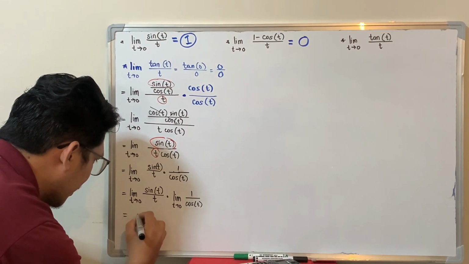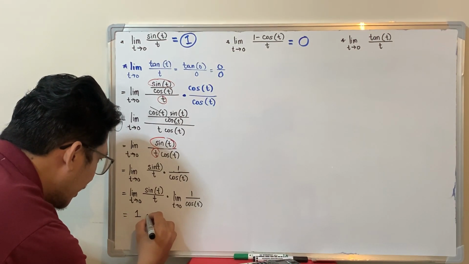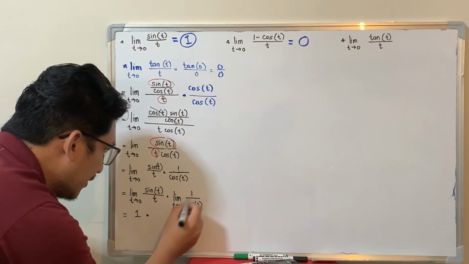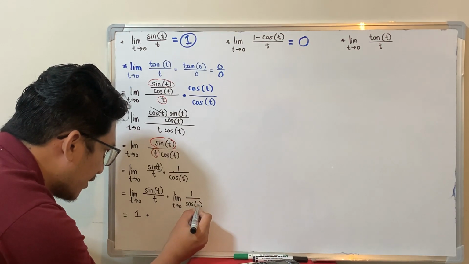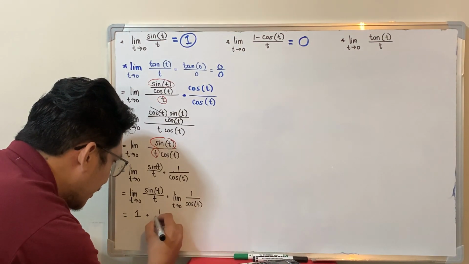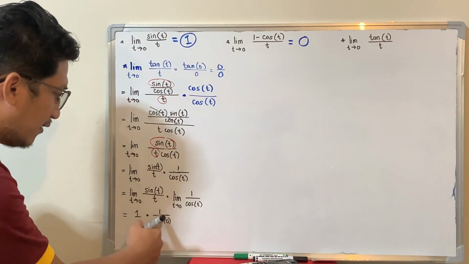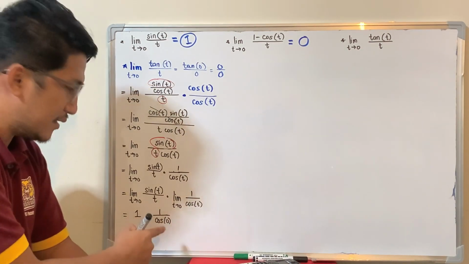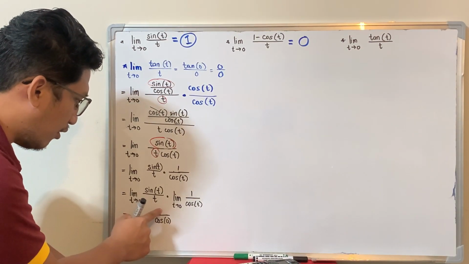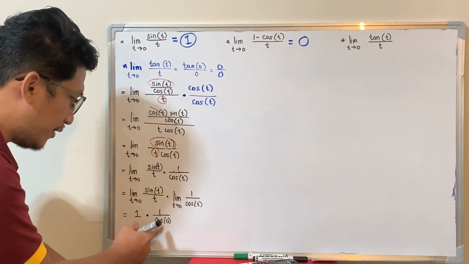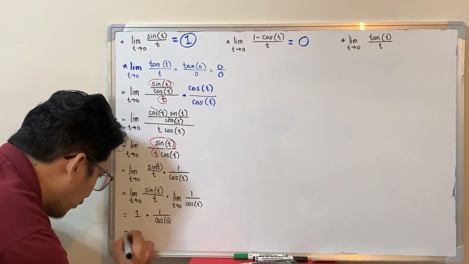Times the limit of this one, just substitute 0, this becomes 1 over cosine 0. Remember, cosine 0 is equal to 1. So you have 1 over 1. 1 over 1 is 1, times 1, that's equal to 1.